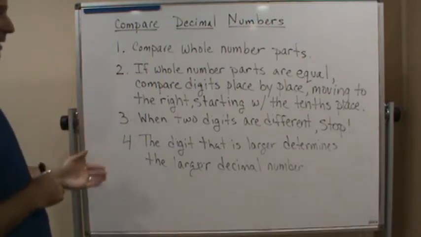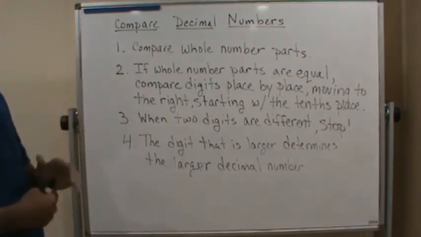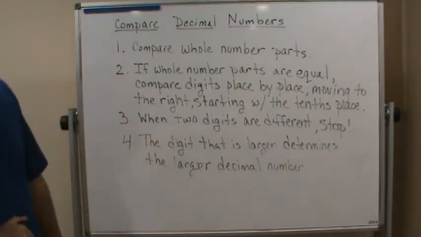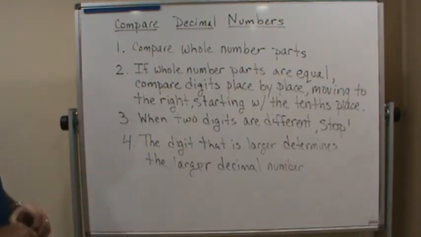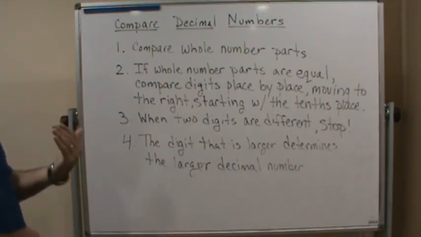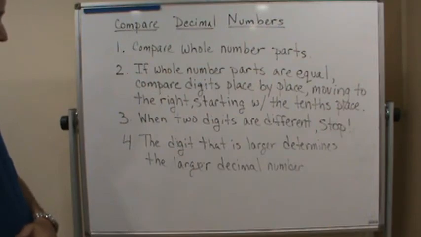And then step 3 is when we come to 2 digits that are different, we stop. And then the 4th step is, the digit that is larger when we stop determines which decimal number is larger. And that's it. Those are the 4 steps.